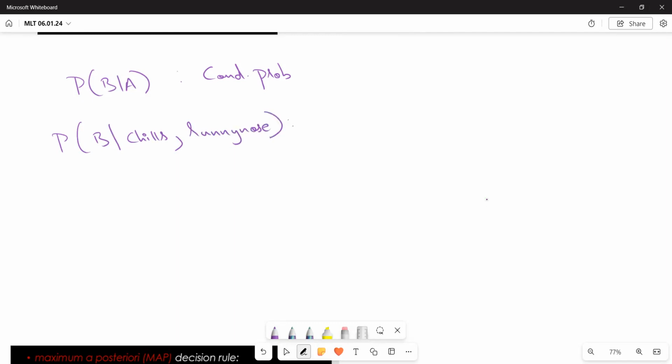So this is considered as posterior probability. What is this posterior probability? That is, after observing the value of chills or runny nose, we are trying to predict the value of B. That is what happens in your posterior probability.